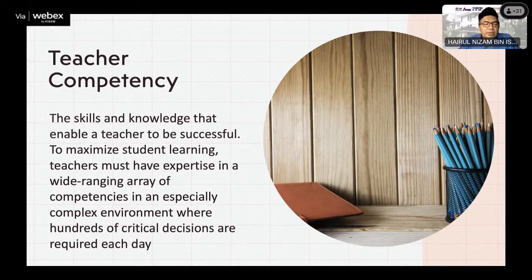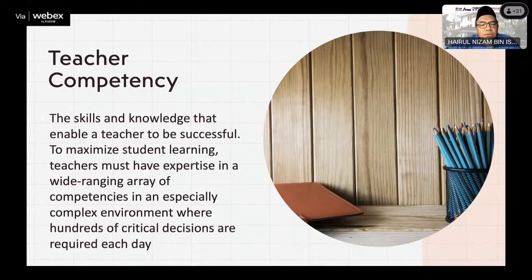I know that Prof. Tasya has defined competency, but as far as teacher education is concerned, competency is the skills and knowledge that enable a teacher to be successful. To maximize student learning, teachers must have expertise in a wide-ranging array of competencies in an especially complex environment, where hundreds of critical decisions are required each day.